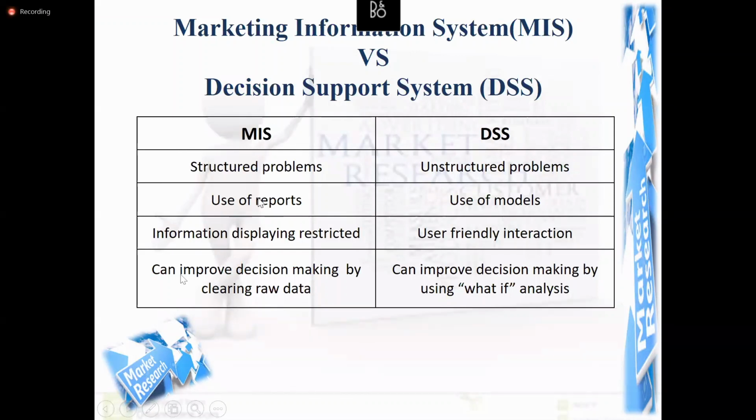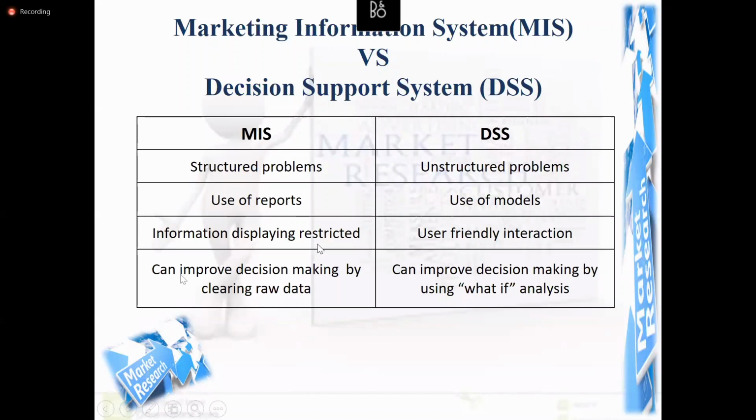In MIS, we have the structured problem, but through DSS we try to resolve unstructured problems. So for structured problems MIS can be applied, but if it is an unstructured problem, then the DSS has to be applied. Here we use reports, but under DSS we use models, because we have to establish connectivity between and among the variables.